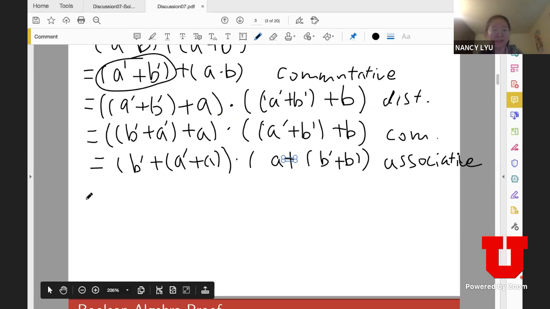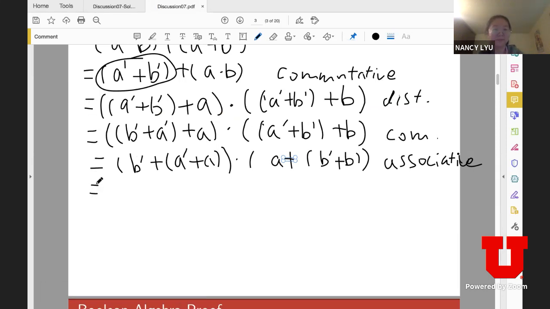Okay, and what about the next step? Negation. Yeah, that is correct. Then we can use negation, but if you want to be precise, you can also use commutative again, just to switch the A complement plus A. But yeah, we can use negation.